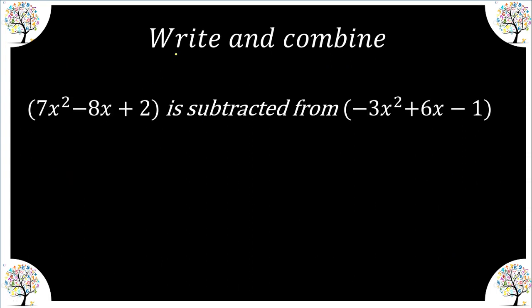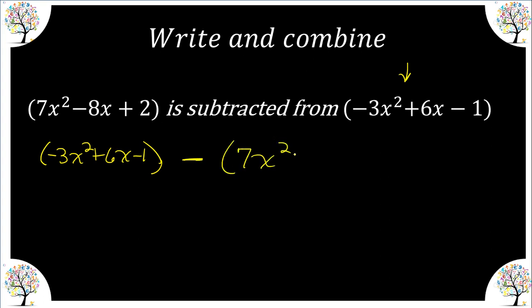Okay, we're going to write and combine. So we have this trinomial, and it's subtracted from this trinomial. So in order to subtract from, we must write this one down first. And yes, you do need to bring your parentheses with you. Subtract means subtract. And now we put the first trinomial.